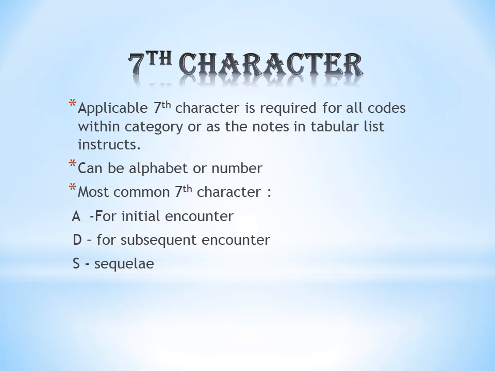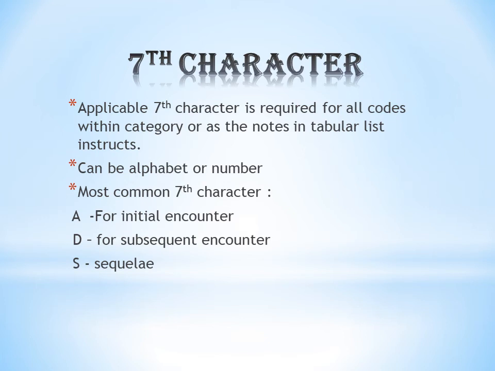Whenever a code requires a seventh character, it is picked from the tabular list after the first 3 characters of the code, which is called the category. After the category, in the tabular list, you can find out what seventh character needs to be applied for that code. The seventh character can be an alphabet or a number.